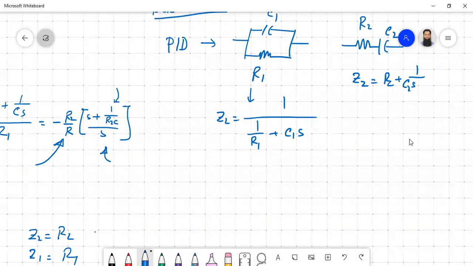So you can simplify, and Z2 by Z1 will eventually give you something like this. Don't forget the minus sign. The minus sign will always be there because of the inverting nature of the amplifier.